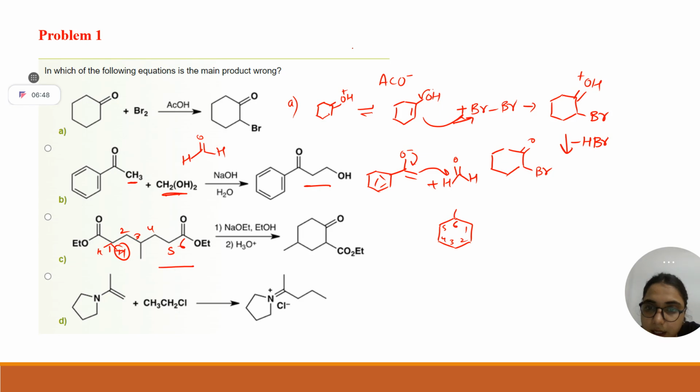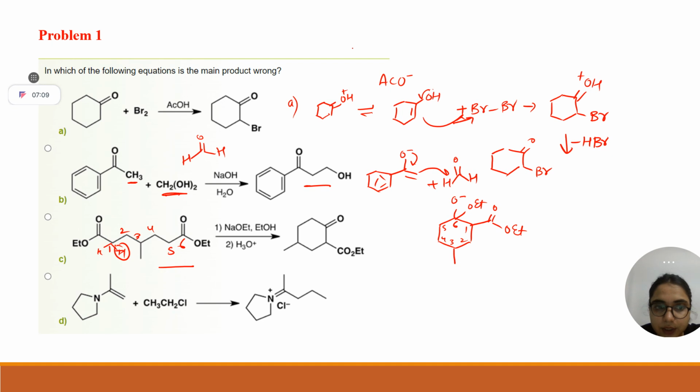Just do numbering: 6, 5, 4, 3, 2, 1. On carbon 6, O minus OEt. Right? 5 as it is, 4 as it is. At 3, this one, second, no substituent; at 1, CO2Et is there. Always do numbering, it will make your life easier.